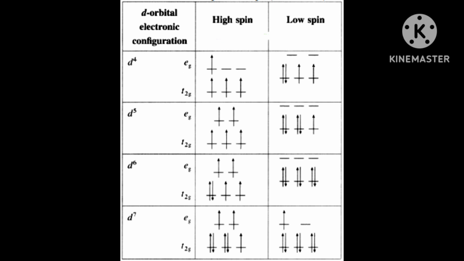This splitting of the degenerate levels due to the presence of ligands in a definite geometry is termed as crystal field splitting. This question is asked: what is crystal field splitting?